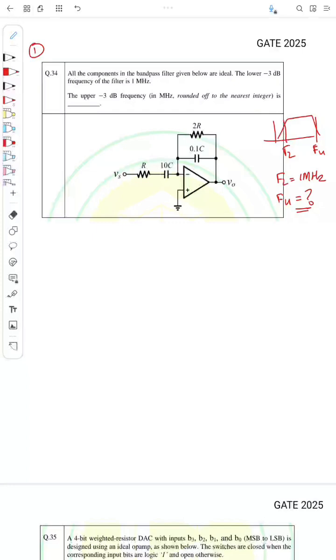Okay, so if you analyze the circuit, which is the RC component which results in this FL, so that is this one. So this results in the lower cutoff frequency, and this results in the higher cutoff frequency. Okay, this RC network.